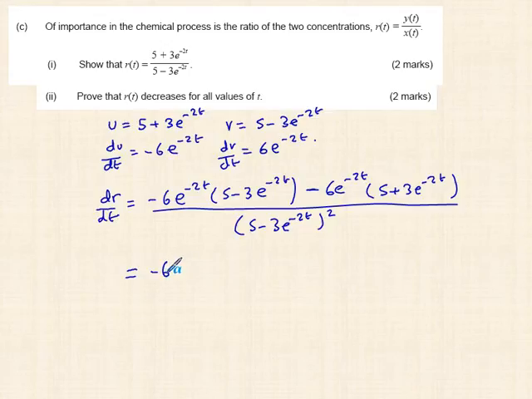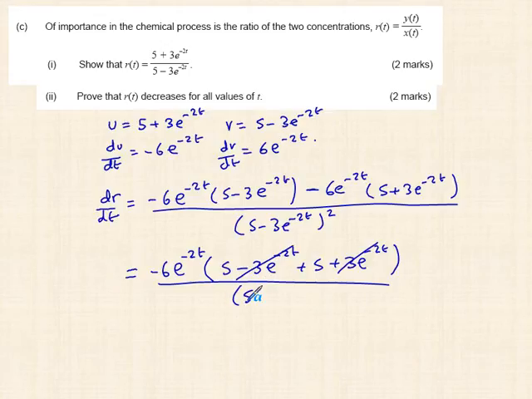So that's negative 6e to the negative 2t into (5 take away 3e to the negative 2t, add 5, plus 3e to the negative 2t). These will cancel.